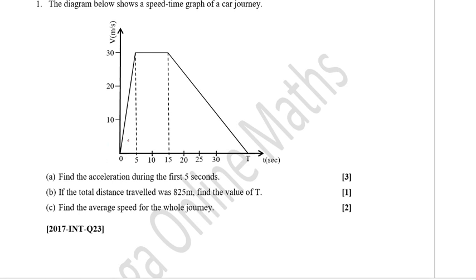Here we are only looking at this region. From 0 to 5, from rest to 5 seconds. It means that my final velocity will be this 30, and my initial velocity will be 0. You know the formula that we are supposed to use to find the acceleration.